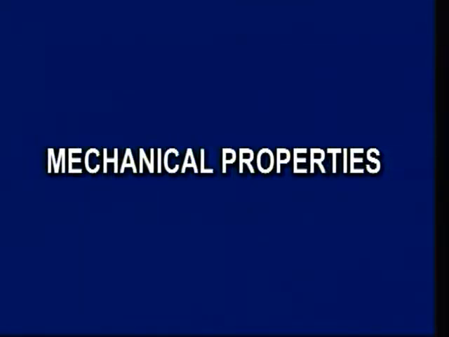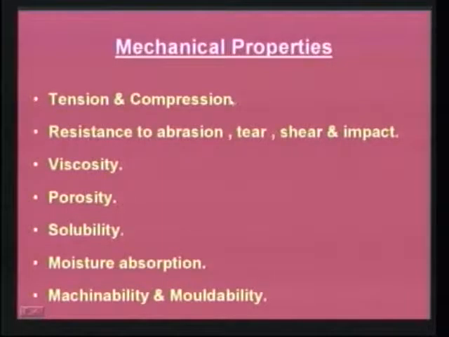Some of the mechanical properties which are to be taken care of while selecting the insulating material are: first is tension and compression, the next is resistance to abrasion, tear, shear and impact, the next is viscosity, porosity, solubility, moisture absorption, machinability and moldability.